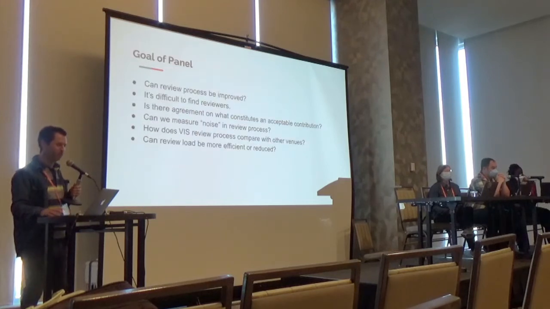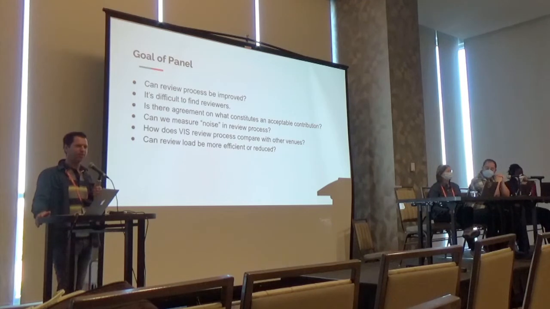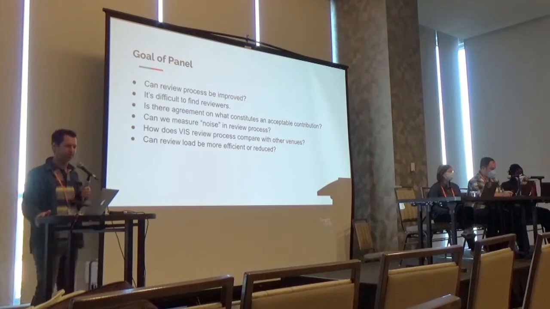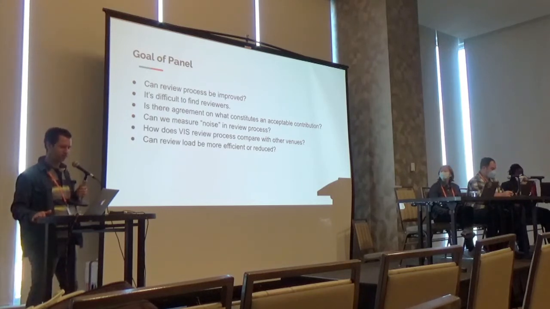And so the goal of this panel is just to talk about this process. For example, can we measure the contribution threshold that's required to have a paper or something similar accepted to the IEEE VIS conference? Can the review process be improved, for example? It's difficult to find reviewers.